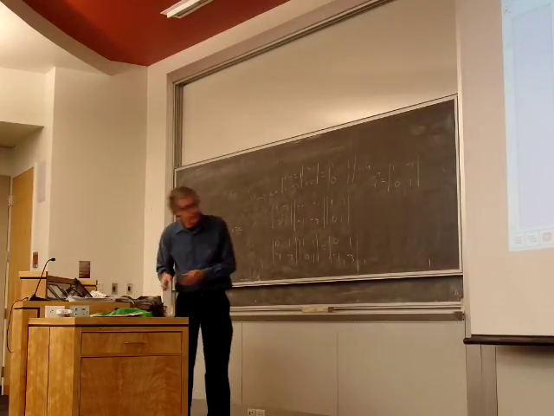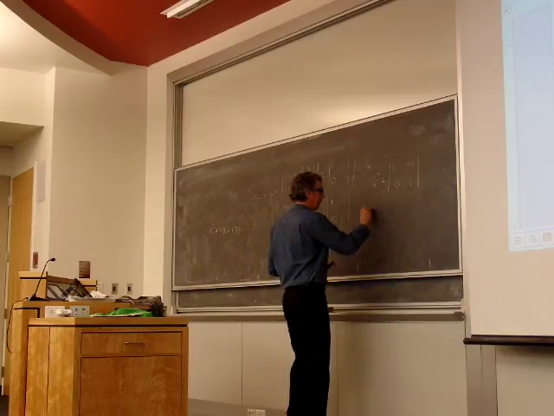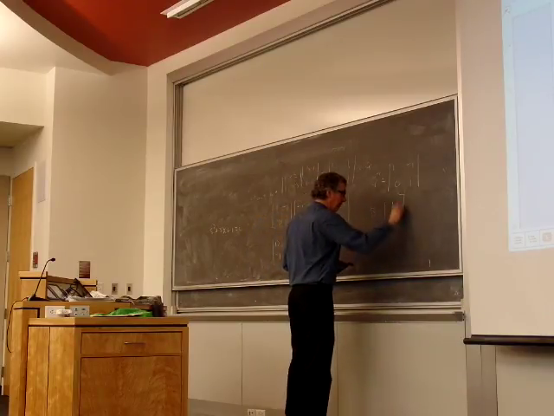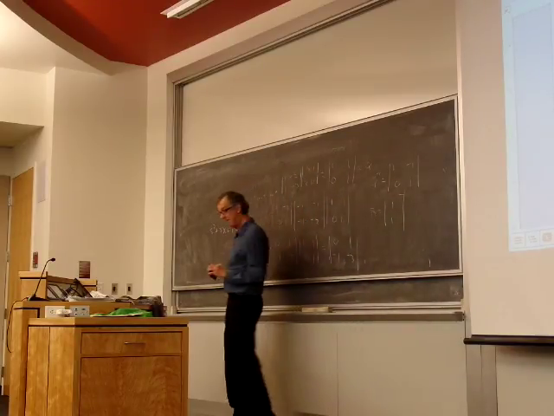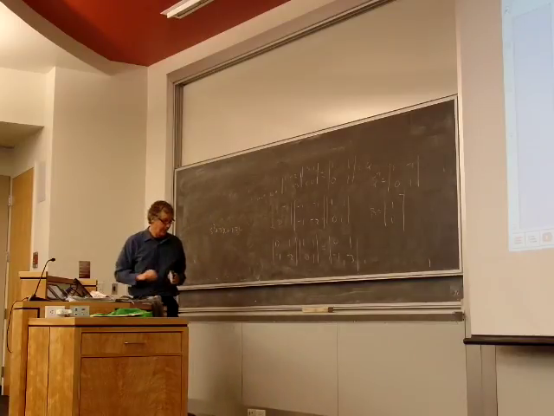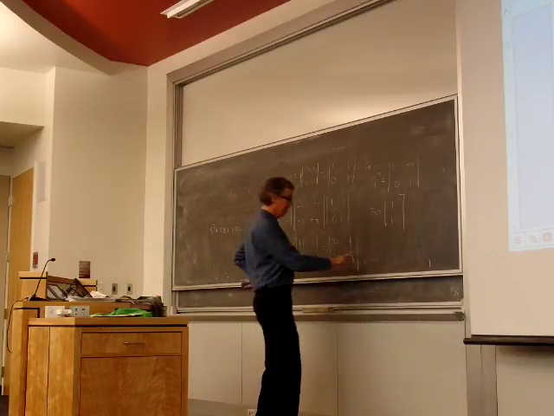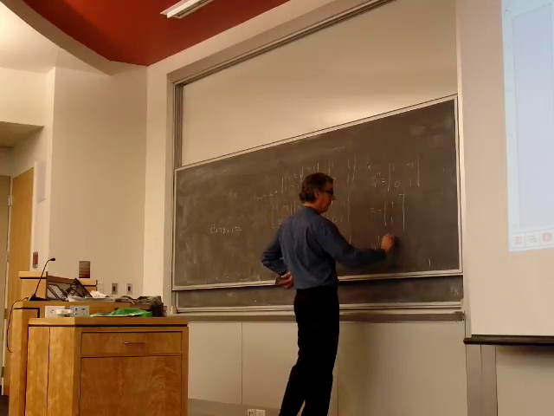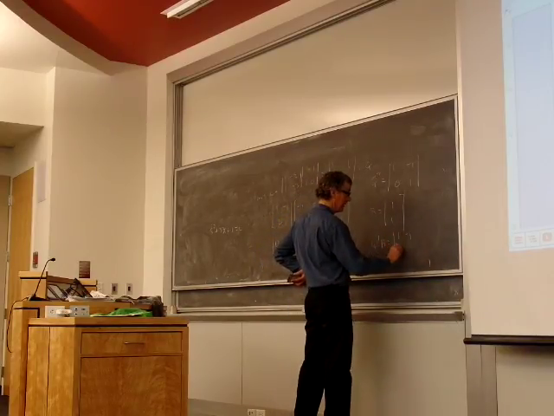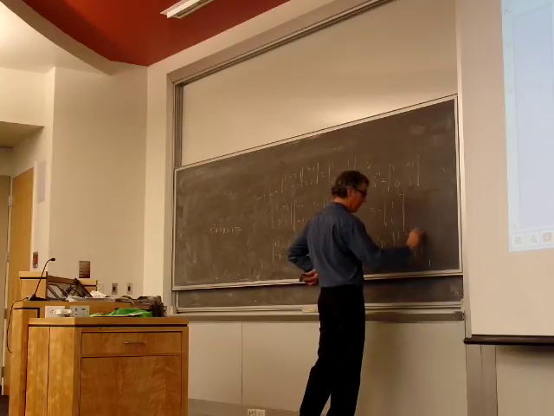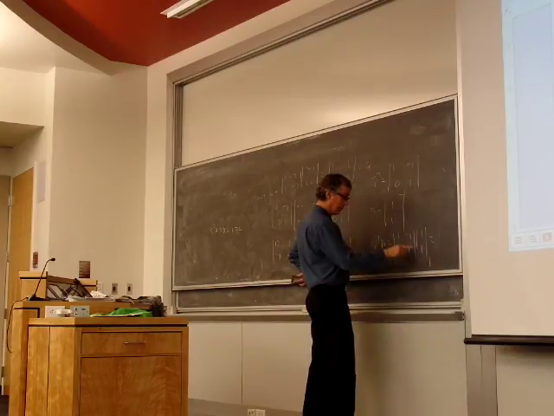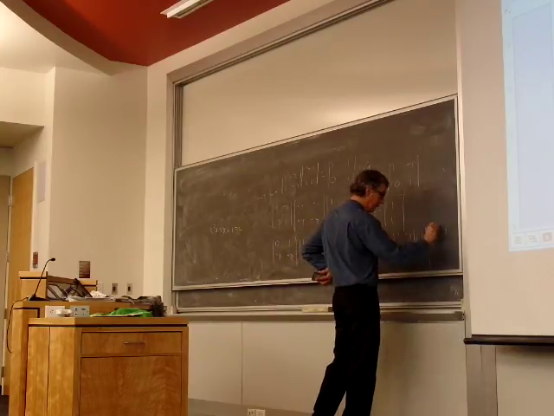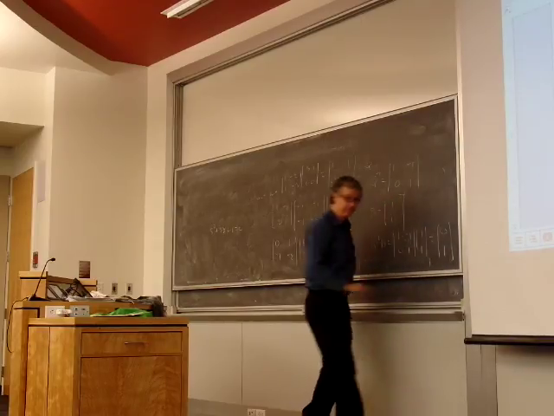Let's find the new B matrix. B matrix is 1, 1. Q inverse B is what? 1 minus 1, 0, 1, plus 1. 1 minus 1, 0, 1.